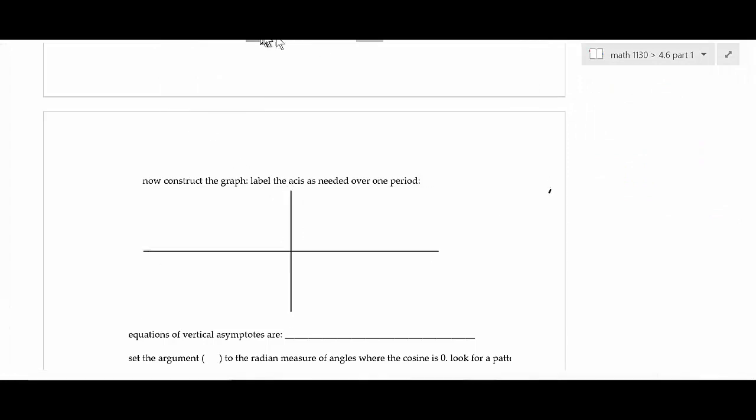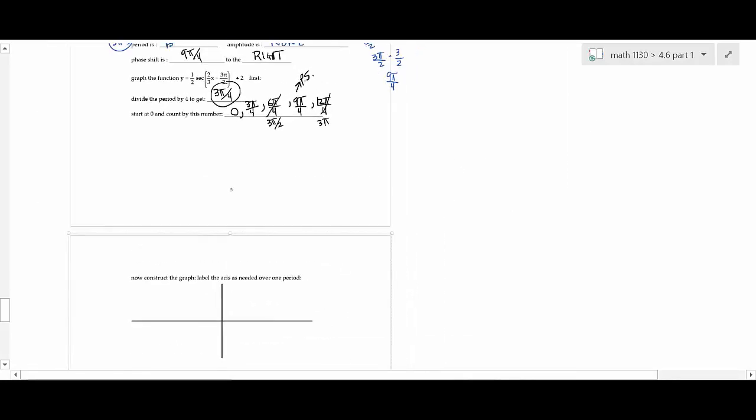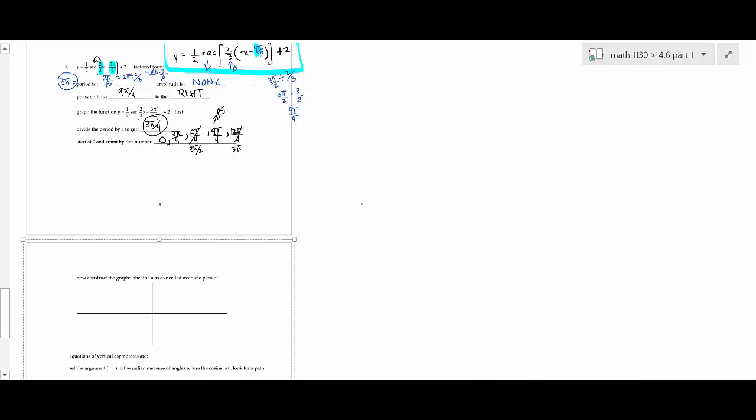Okay, and with this thing we said, I'm going to put the cosine on here so I can refer to that. So I'm just going to write this over to the side. I'm doing y equals 1/2 cosine of 2/3 times x minus 9 pi over 4, plus 2.